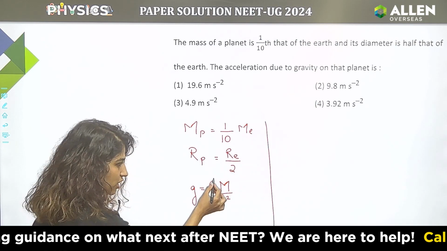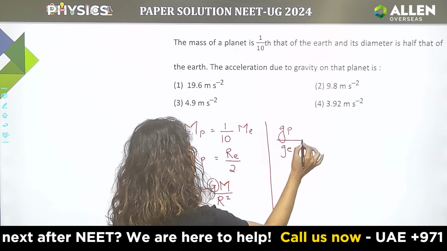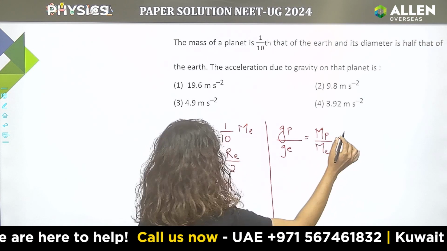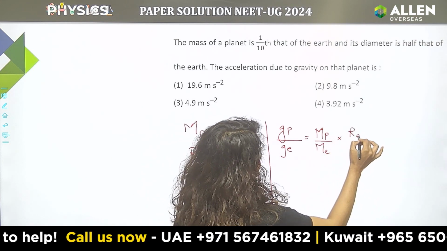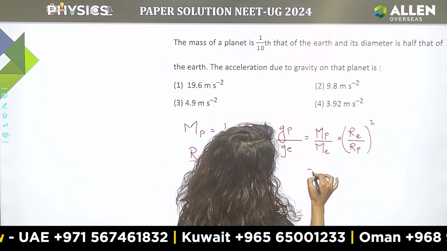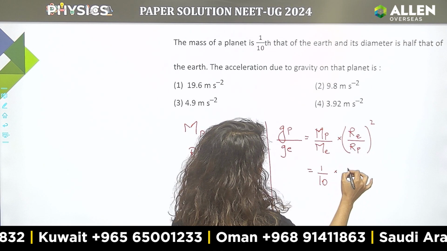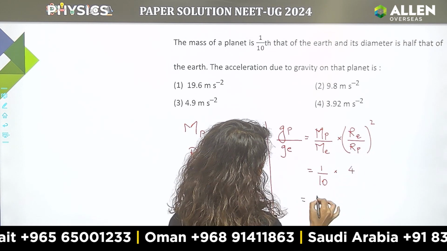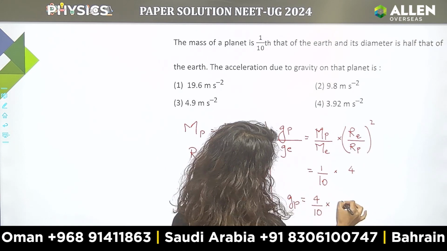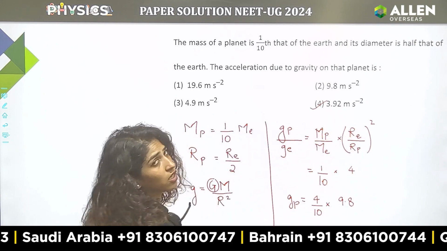If I see, G is a universal constant, I'll get the equation g of planet upon g for Earth would be equal to mass of planet upon mass of Earth into radius of Earth upon radius of planet squared. So this is 1/10 into 4. So this is 4 by 10 into 9.8. That's how you get the answer. You'll end up getting 3.92.